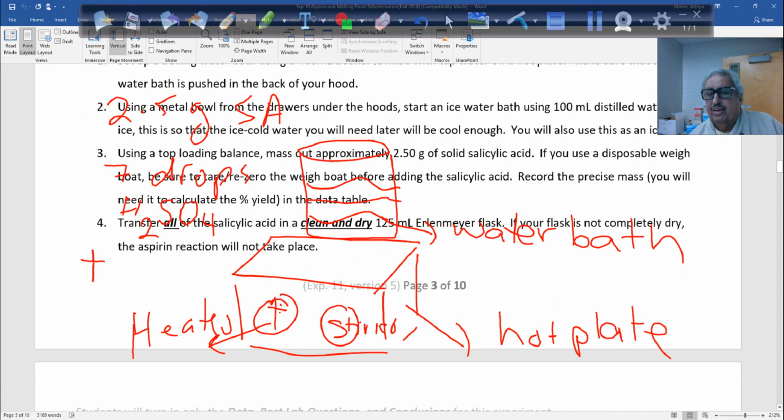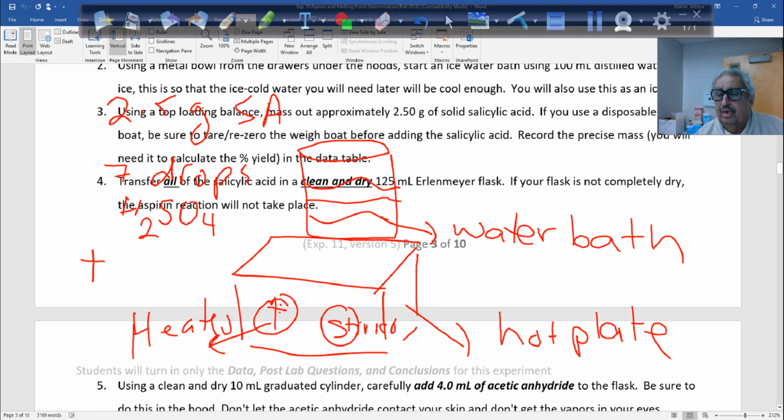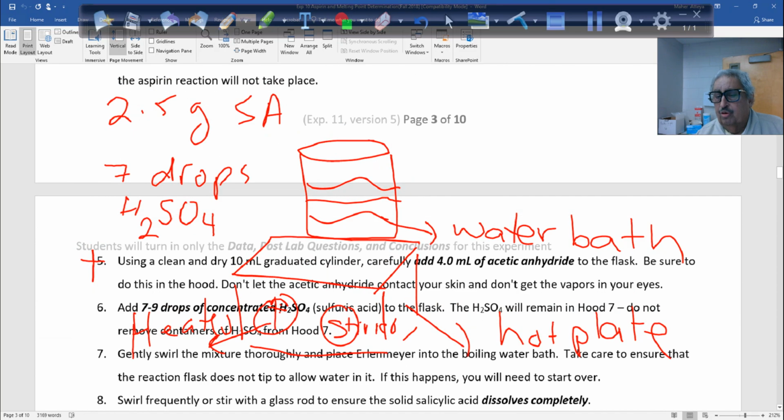It is 2.5 grams of salicylic acid, which is solid, and then you will add to it 4 mL of acetic anhydride, and about 7 drops of sulfuric acid.